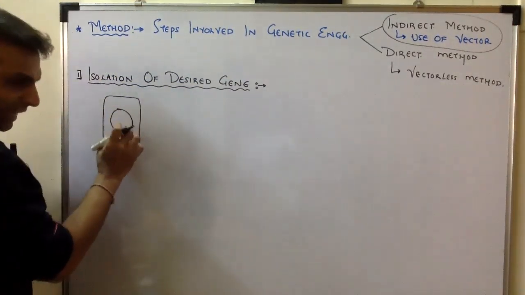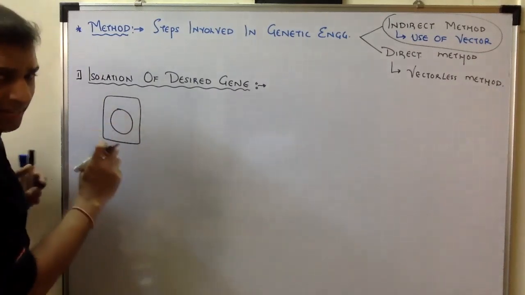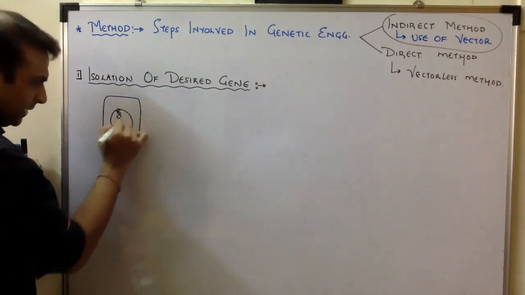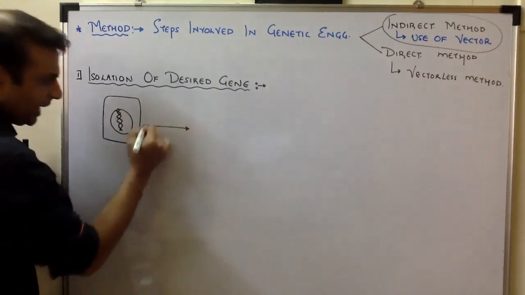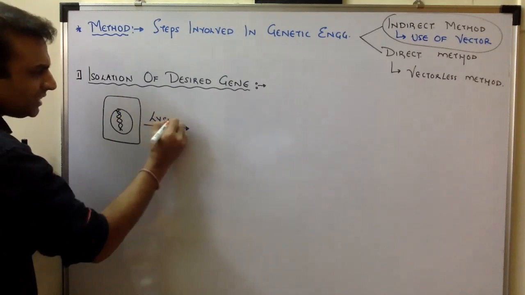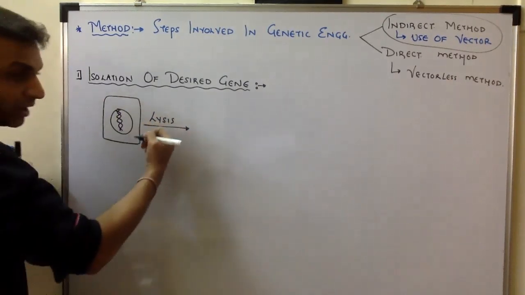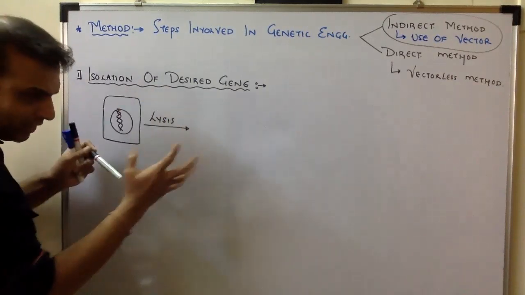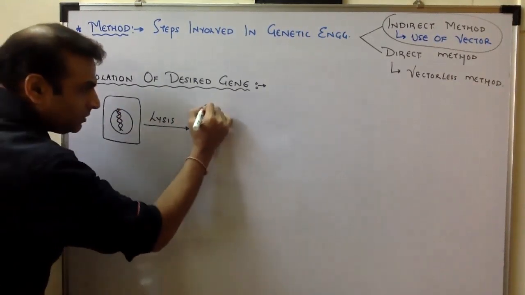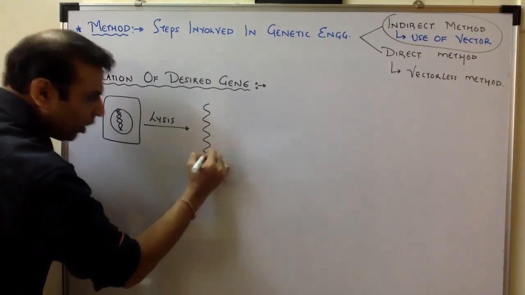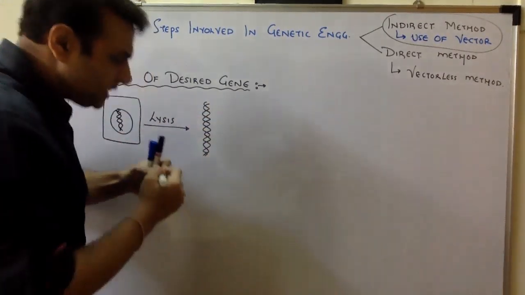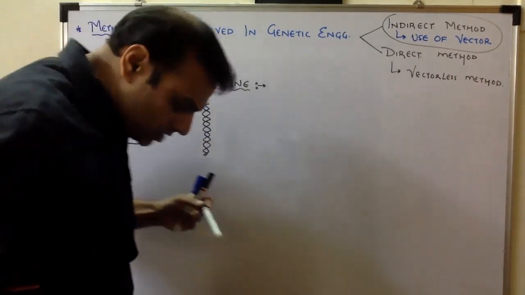So I will take the cell from the islets of Langerhans, the beta cells. And inside it there is this DNA. Now, first of all, what will I do? I will lyse it by using a lytic enzyme. As a result, the entire cell will be broken and DNA will now be obtained. Now let us consider this is my entire genome.